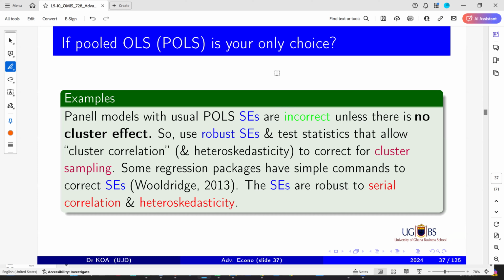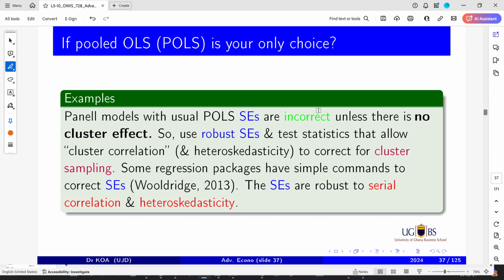But if you are doing the pooled OLS, you should know that you will by all means fall into the problem of autocorrelation and heteroscedasticity. And so you've got to immediately correct for the standard errors, unless there is no cluster effect. That you can't tell, so just correct for the standard errors. One way you can correct for the standard errors is to use the robust standard errors.